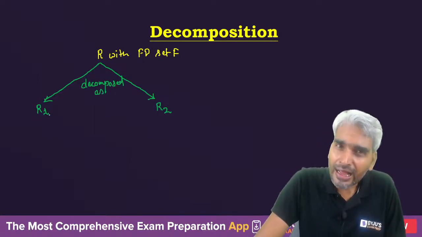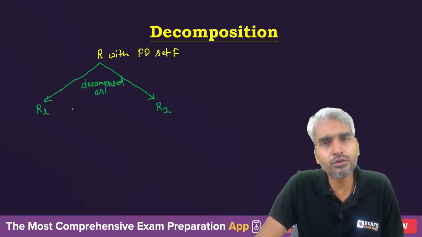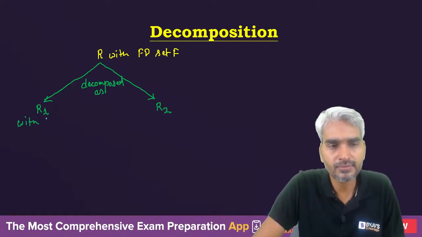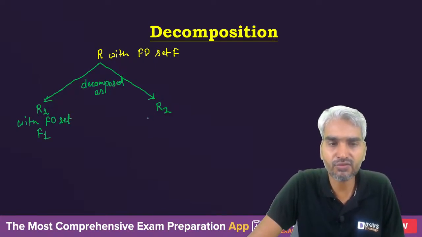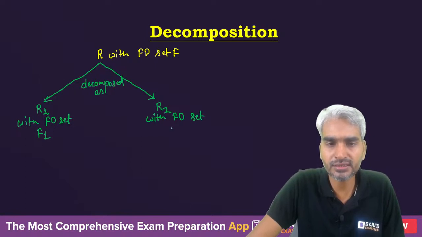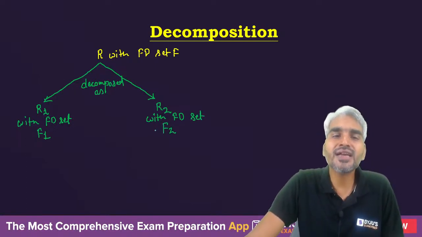Now for R1 we will have one FD set, for R2 we will have another FD set. So let's say R1 with FD set F1, and R2 is another sub-relation with FD set F2. Now what's the idea?